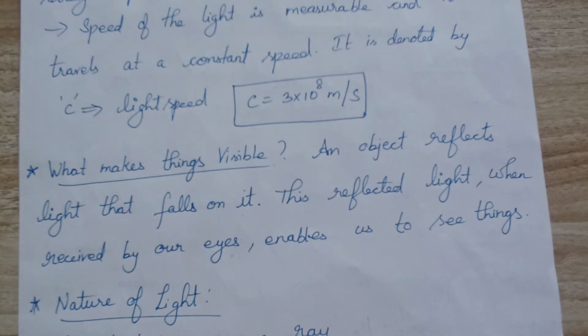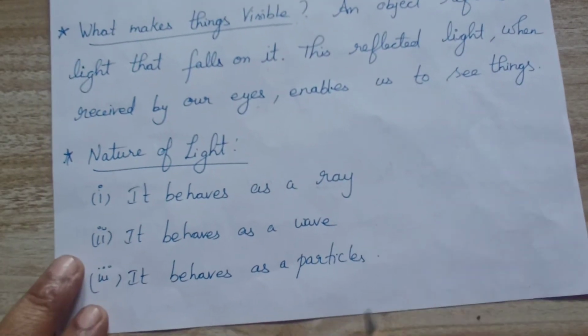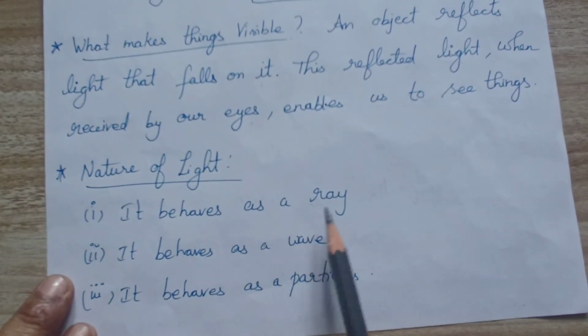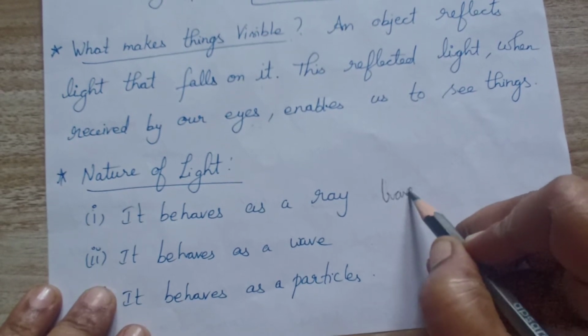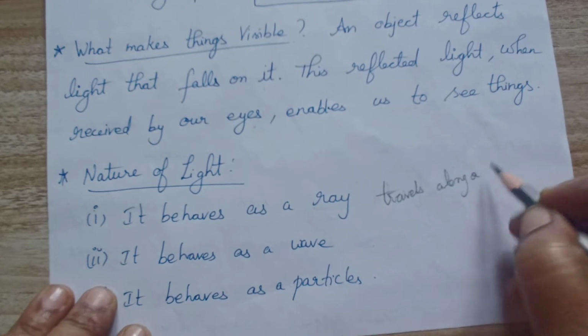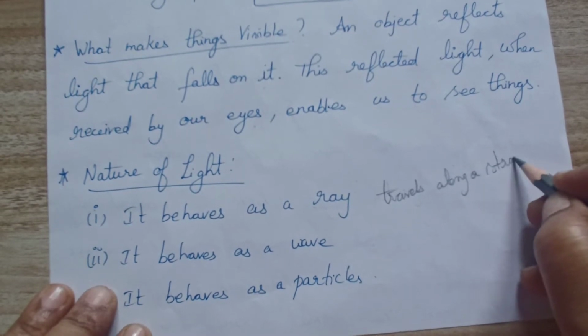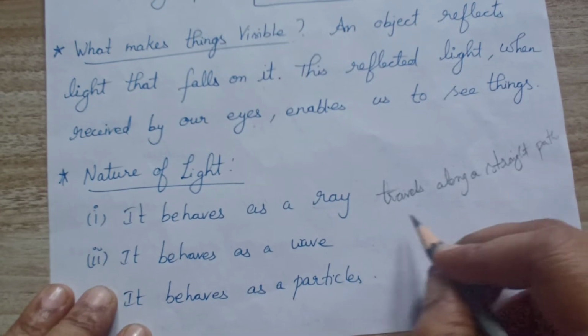We always thought that light travels in a straight path. But light can also behave as a wave and also as a particle. It does not only behave as a ray. A ray means what? It travels along a straight path, right?